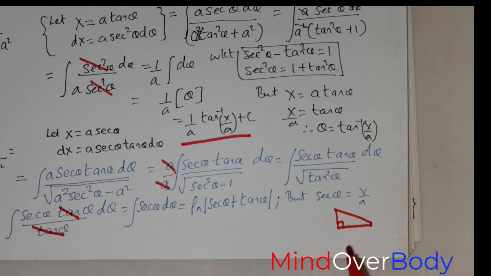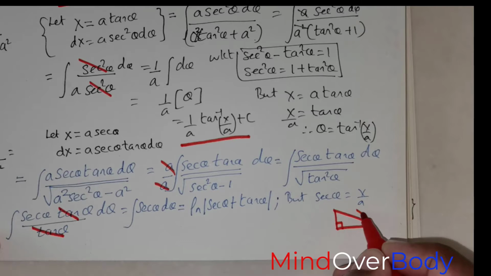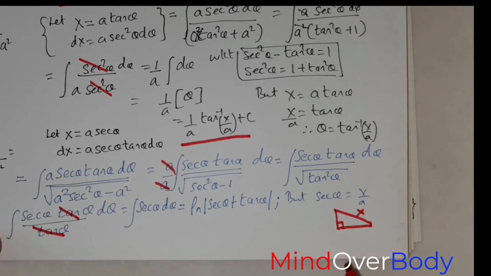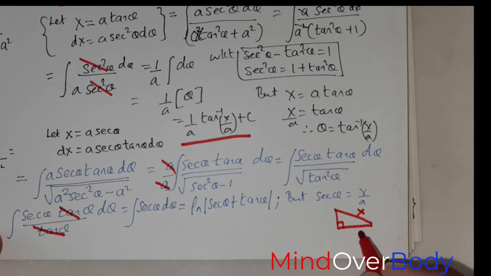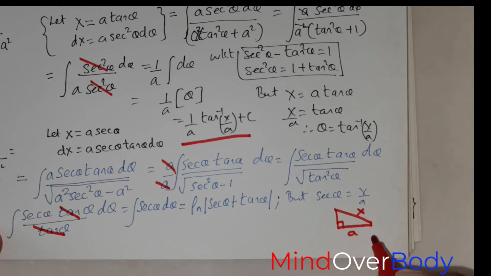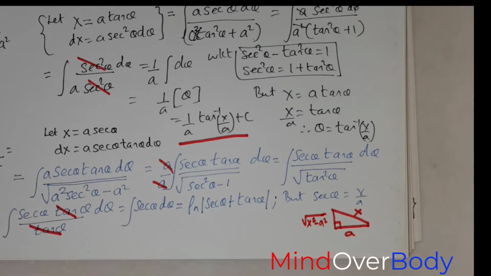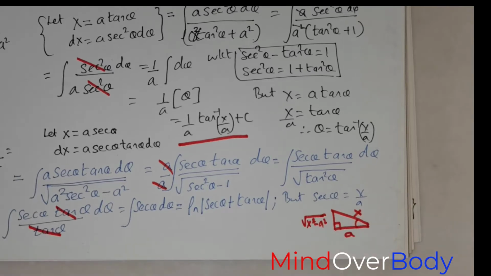Secant theta is x over a, so my hypotenuse would be x here, and my adjacent side would be a. So this is going to be the square root of x squared minus a squared, and more importantly, this is my theta.